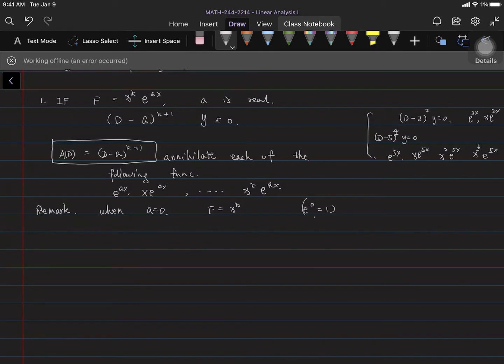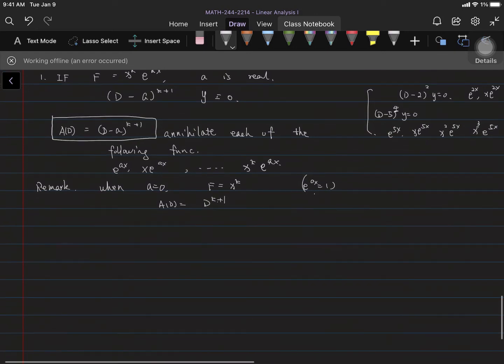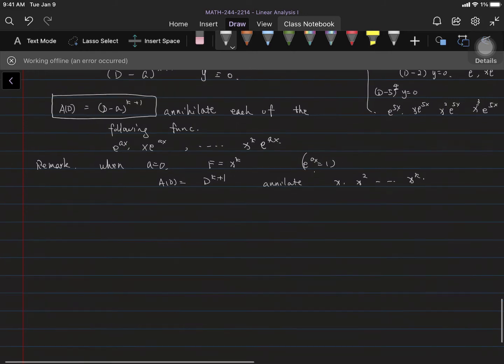So when the right side just has x to the k, in that case AD is the same thing, just D minus 0, which is D to the power k plus 1, because D minus a is D. It annihilates x squared and x to the power k, just like this.